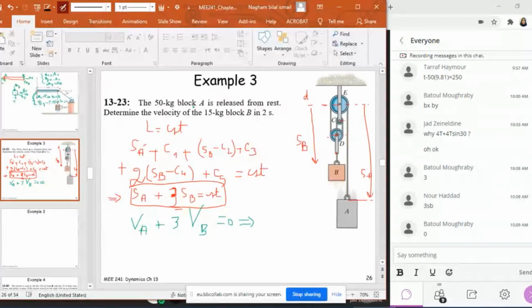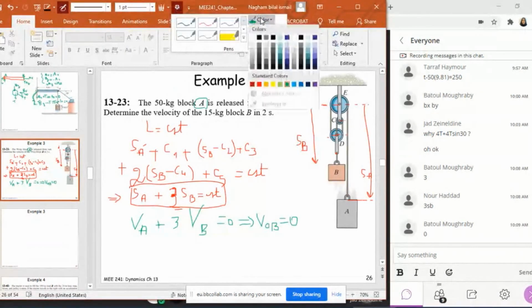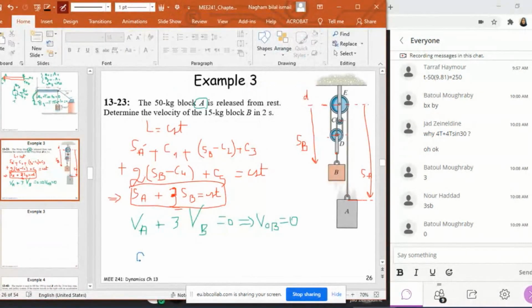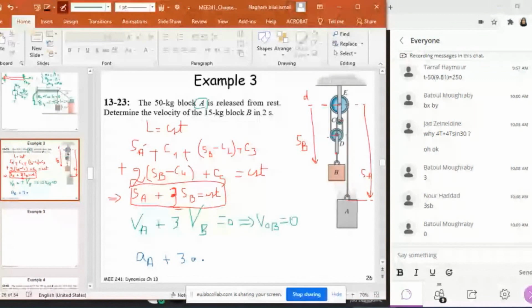V0A is equal to 0, then V0B is also equal to 0. And also, I can find the equation of acceleration: AA plus 3AB is equal to 0.